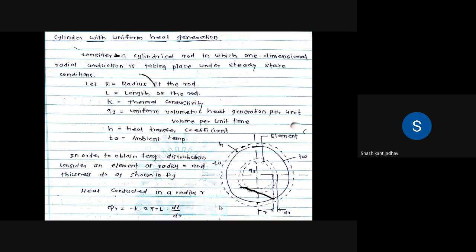Okay, so all of you write down: consider a cylindrical rod in which one dimensional radial conduction is taking place under steady state conditions.